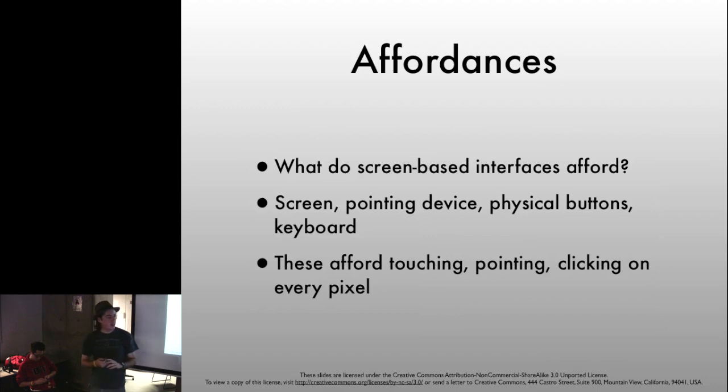So now, speaking more about user interfaces in computers, what does a screen interface afford? The screen has a pointing device, a mouse or a trackpad or something. The keyboard has physical buttons, there are physical buttons on the computer. Generally speaking, these will afford things like clicking, touching, pointing on every pixel on the screen.